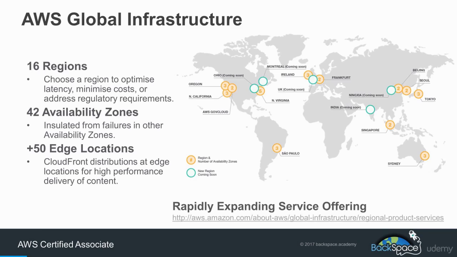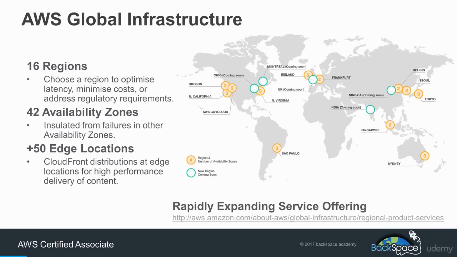So within regions we have 28 availability zones, so that varies, but they are insulated from failures in other availability zones. So within a region we have these insulated zones that can be used for providing durability and redundancy of your infrastructure. So you can see there in North Virginia there are 5 availability zones, whereas in Singapore there's only 2.